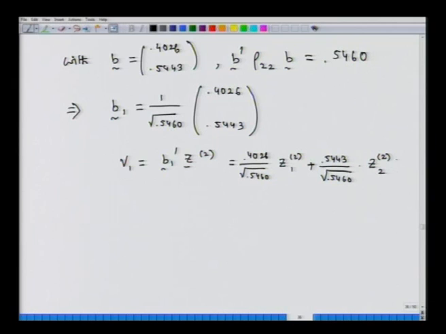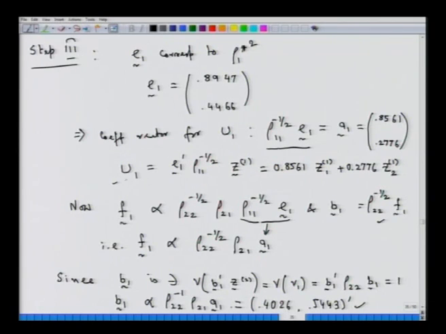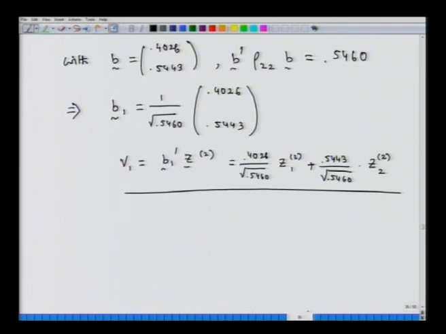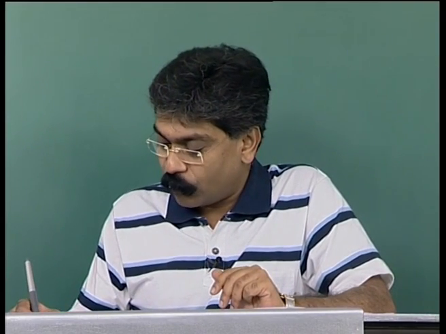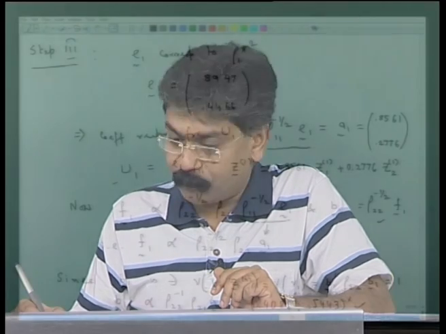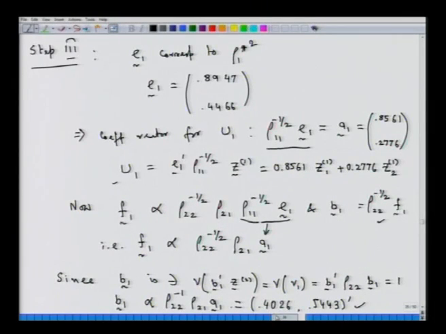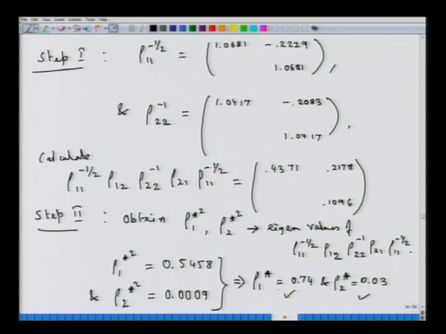So we have this as V1, and we have previously computed U1 as this. So U1 and V1 now comprise the first pair of the canonical variables, with the canonical correlation coefficient as we have computed earlier. The canonical correlation coefficient corresponding to that first pair, that is the correlation between U1 and V1, is going to be 0.74.